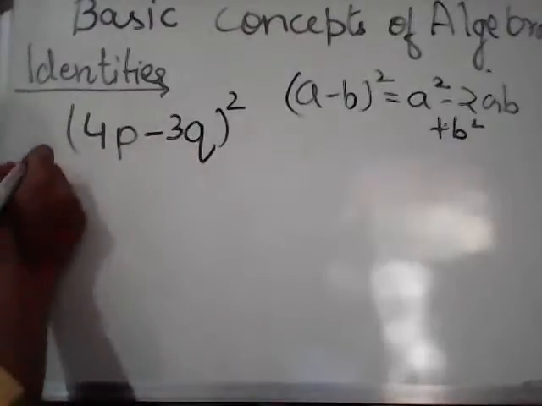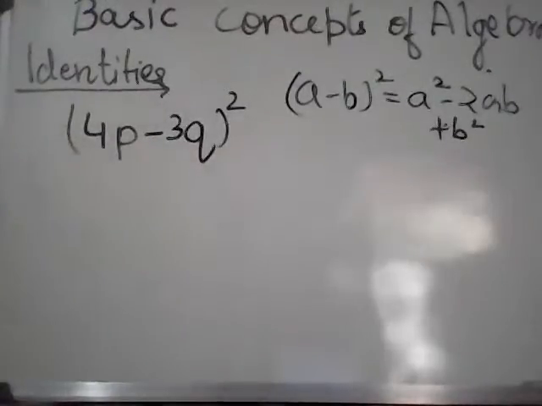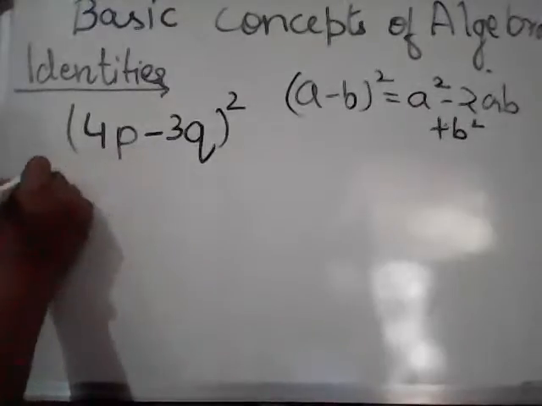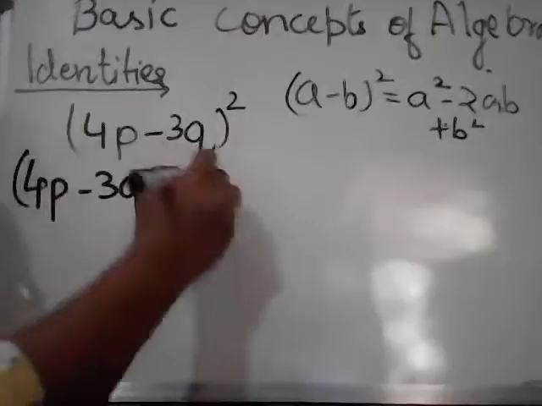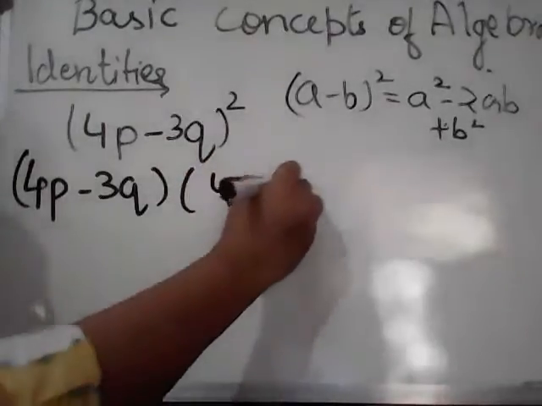Now, if we solve it normally, how will we do it? Four P minus 3Q into 4P minus 3Q.